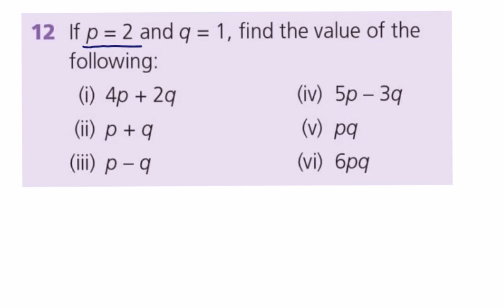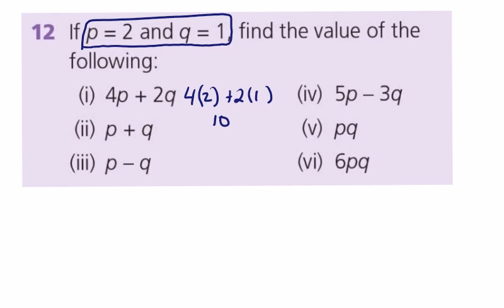Now, the first test you had this year was substitution in algebra. 4, we're replacing the P and we're replacing the Q. So just double check a 2 and a 1. This will be 8 plus 2, which is 10. P plus Q. I'm still going to put them in brackets just to keep consistent. 2 plus 1 is equal to 3.